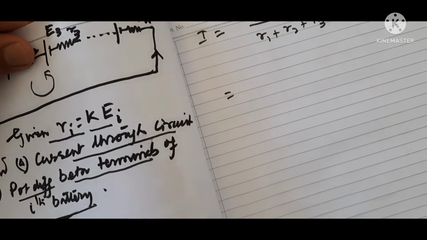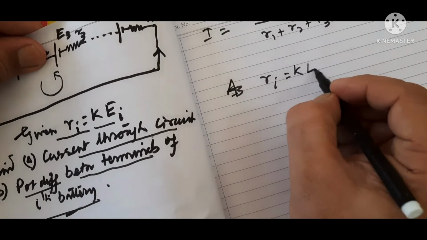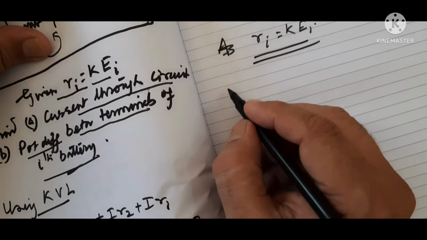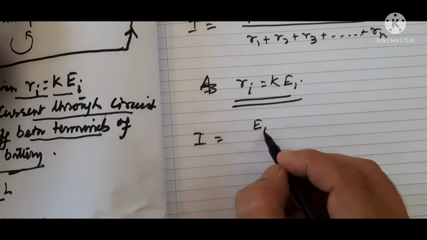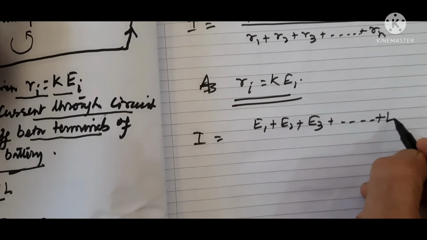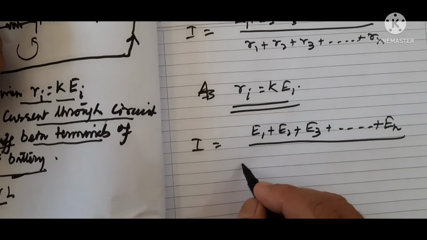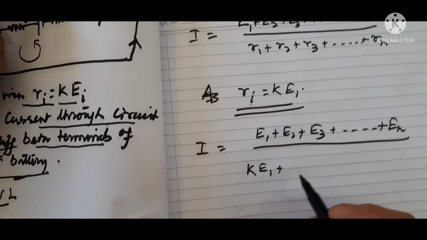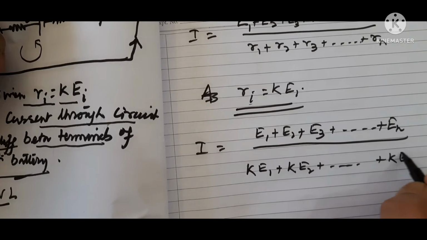Right. Now here the condition given, as condition is given Ri is equal to K Ei, this condition is given, so we will use it at each place. So here I becomes E1 plus E2 plus E3 plus dot dot dot En by, in place of R1 I am writing K E1, in place of R2, because it is given Ri is equal to K Ei, K E2 and so on, K En.